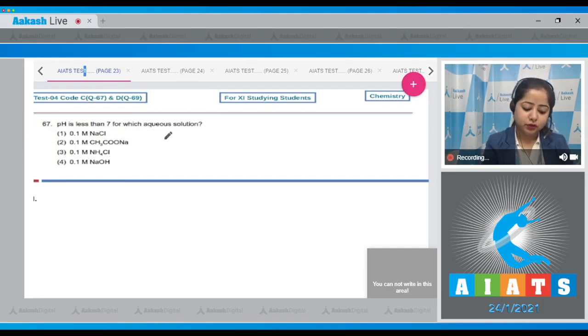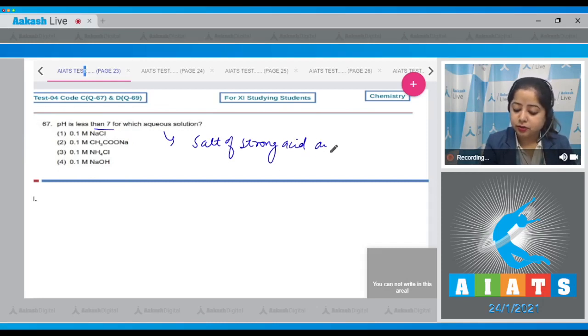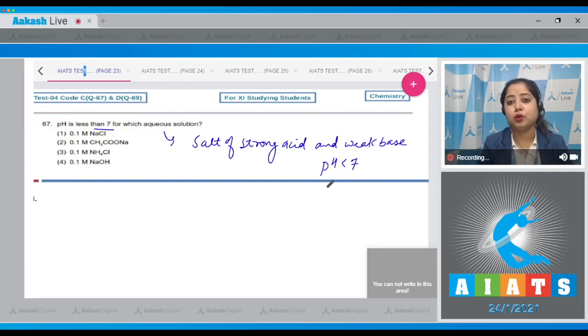Student, first of all, for this question, we need to understand that for a salt of strong acid and weak base, the pH will be less than 7. So here, the salt of strong acid and weak base is option number 3, that is ammonium chloride.